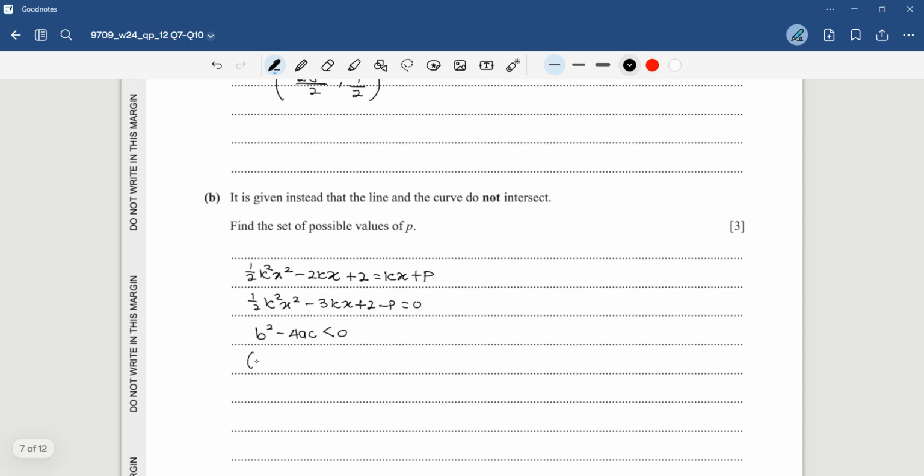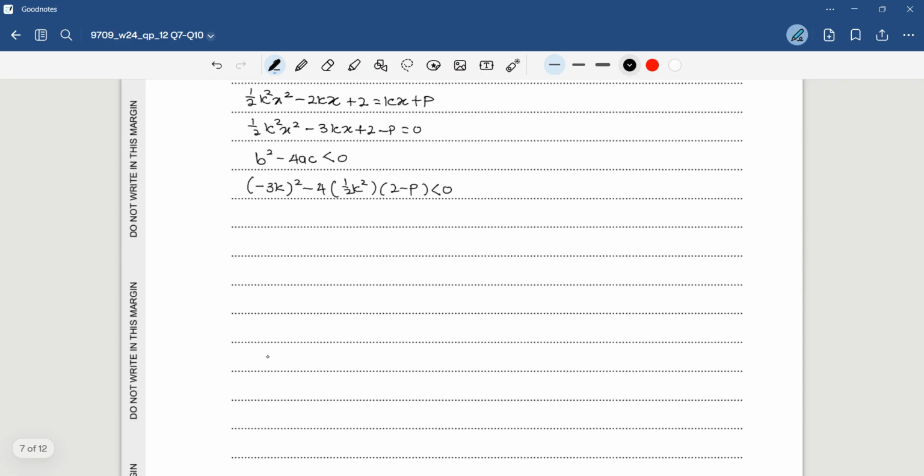So my b here is negative 3k, square, minus 4ac less than 0. Okay, since it's going to be 9k square minus 2k square, 2 minus p, less than 0.